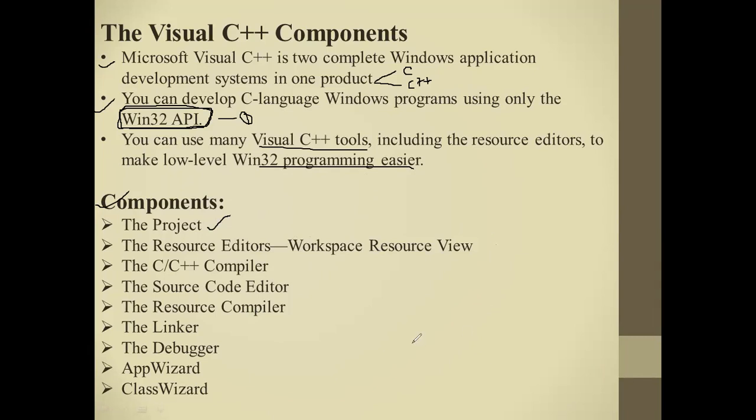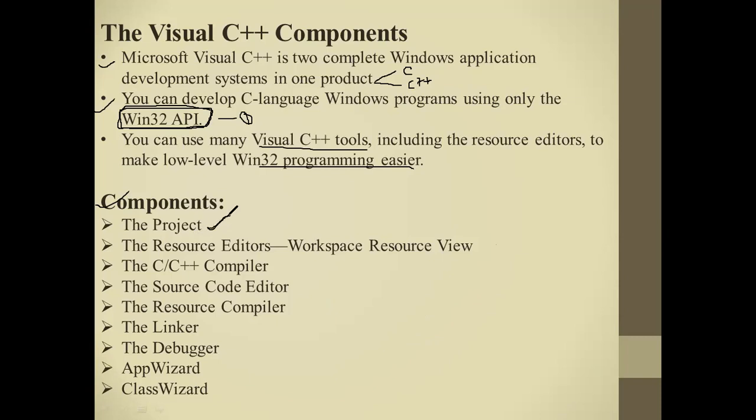It consists of many files which are interrelated to complete the task. If I want to develop a particular application, we will have a project, so we name that application as a project. To accomplish that project, you have to perform different tasks. One by one we will discuss everything.